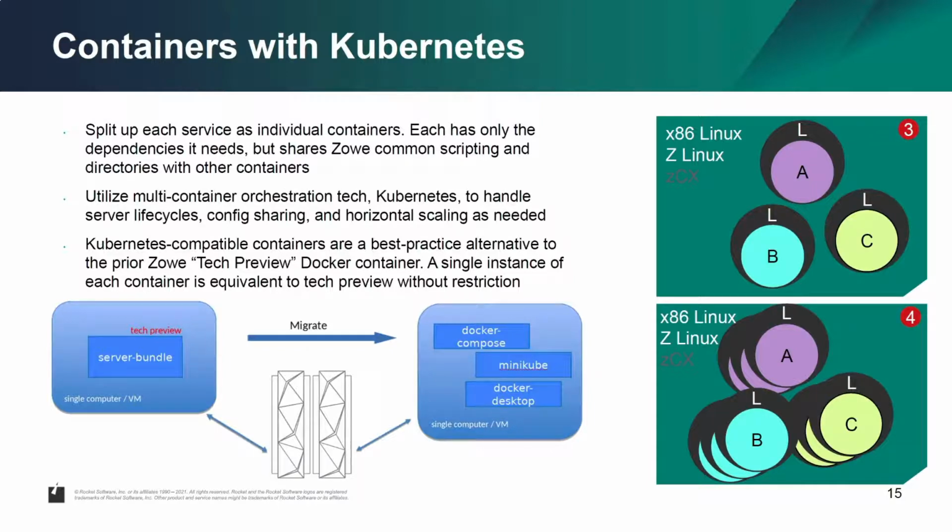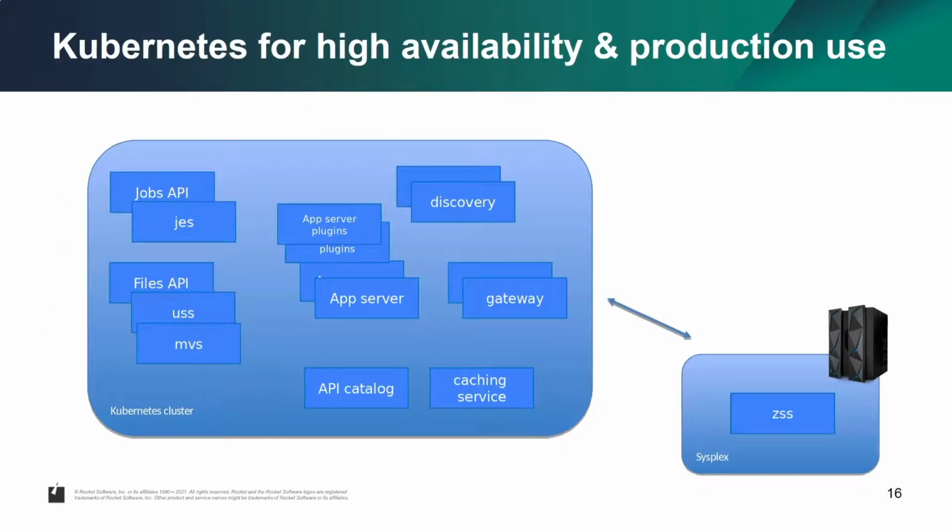But utilizing the Kubernetes technology can handle the management of restarting servers if they need to be, or scaling out the servers. If I need 5 copies of the desktop and only 1 copy of the API catalog, or vice versa, that's possible with this technology because we split up the servers into their own reusable containers.